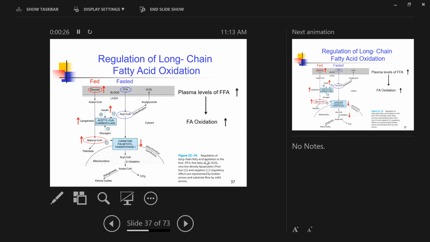And the mechanism, I want you to understand the mechanism, because that will help you answer the exam question. For example, under the fasting condition, we have higher fatty acids usually released from fat tissue because of a high HSL activity.